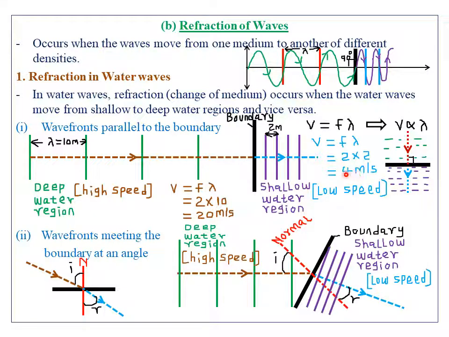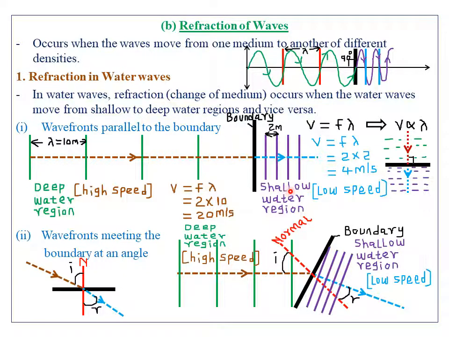If you compare the speed of 4 meters per second and the speed of 20 meters per second, you can clearly see that the speed of the water wave in deep water regions is higher. It is 20 meters per second, but for the shallow water regions, it is only 4 meters per second. So you can easily conclude that the speed of the water wave in deep water regions will always be very high compared to the speed in shallow water regions.